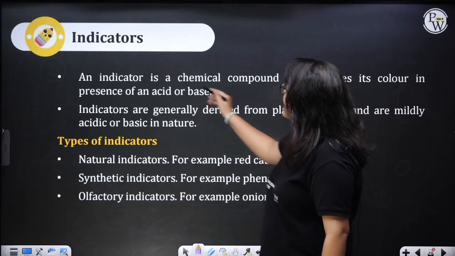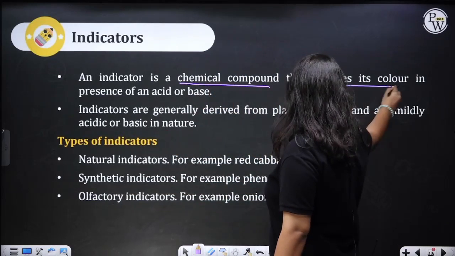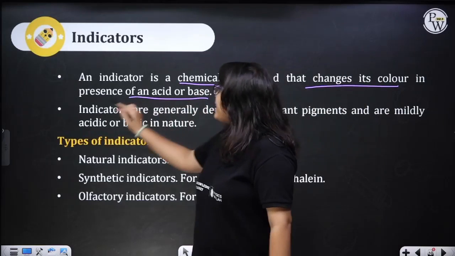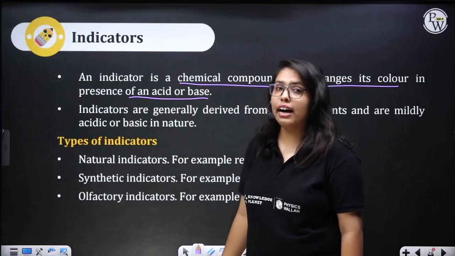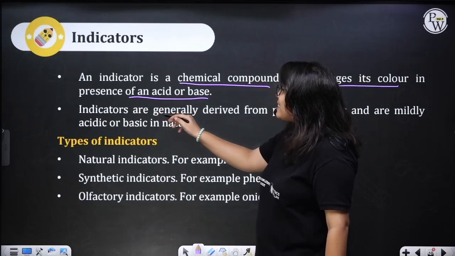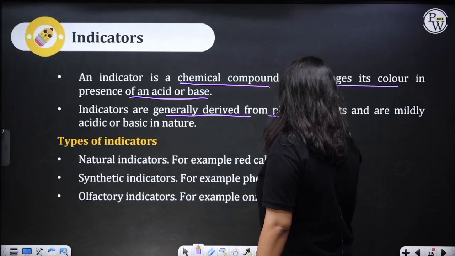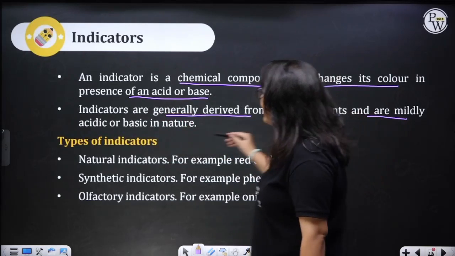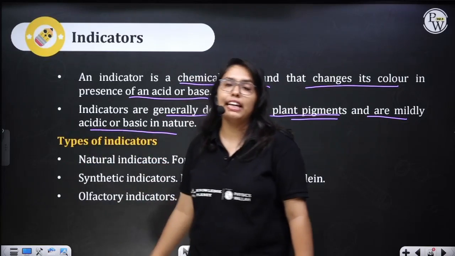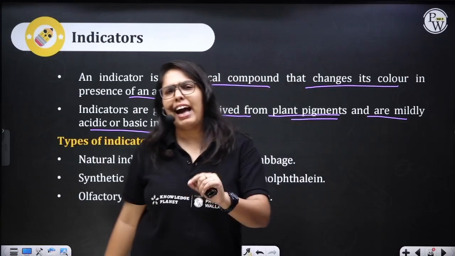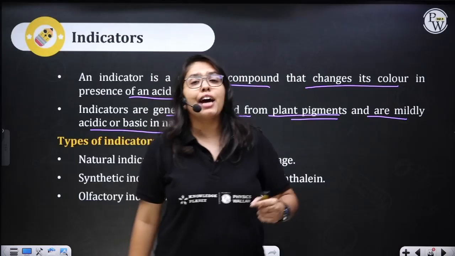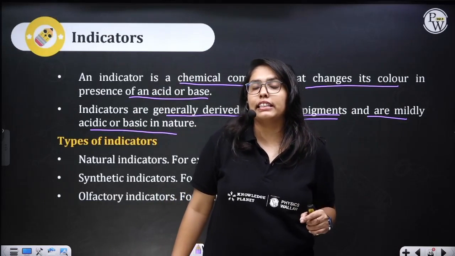An indicator is nothing but a chemical compound that changes its color in the presence of an acid or a base. Indicators are generally derived from plant pigments and are mildly acidic or basic in nature. When they are derived from plant pigments, they are known as natural indicators.